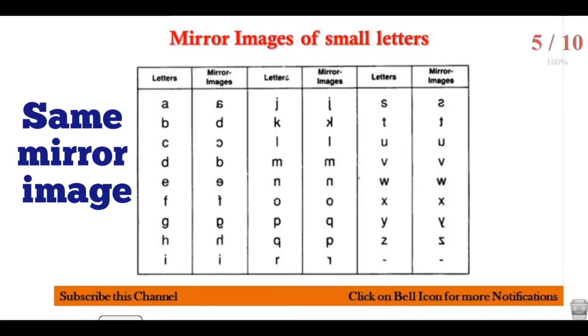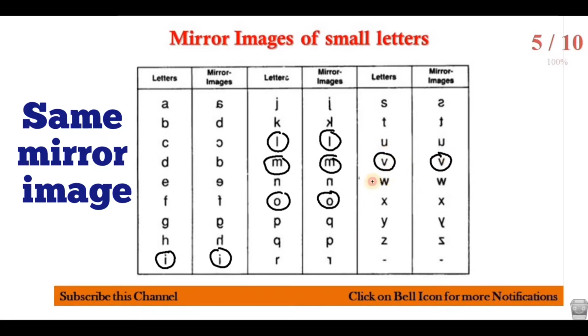In small letters we know that i, then l, then m, o, then we are having v, w and x. So there are 7 letters in small letters which give the exact mirror image.